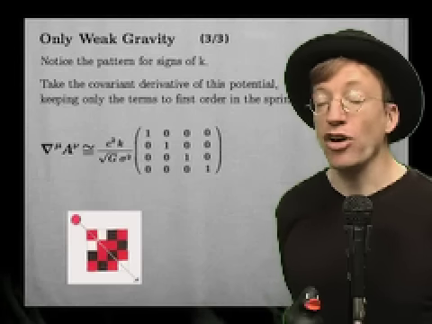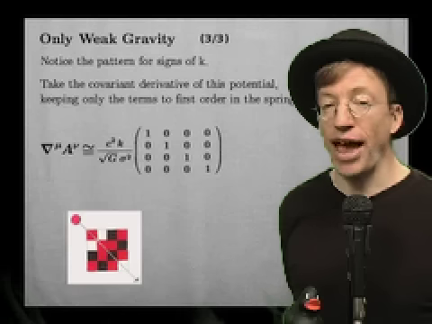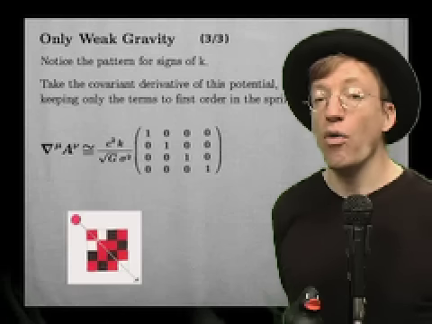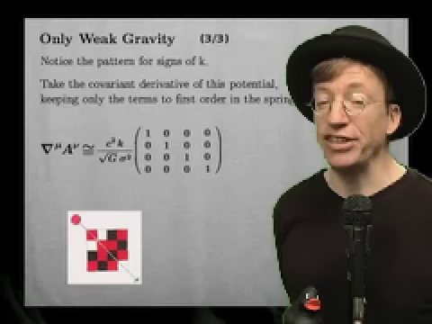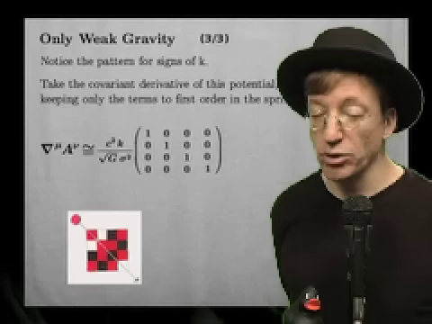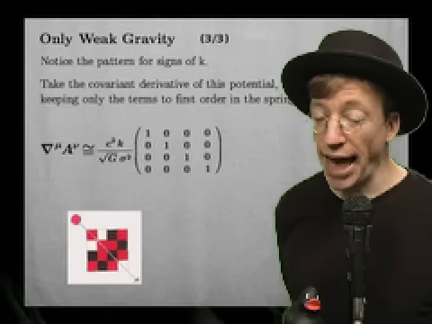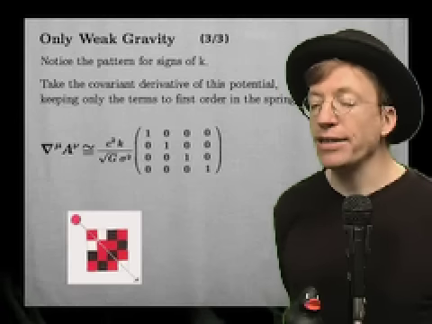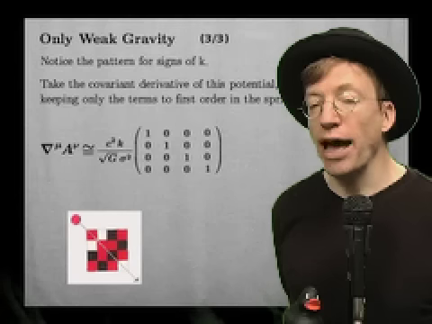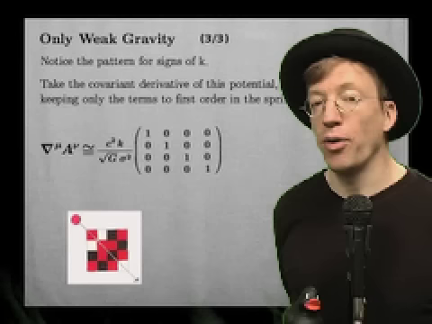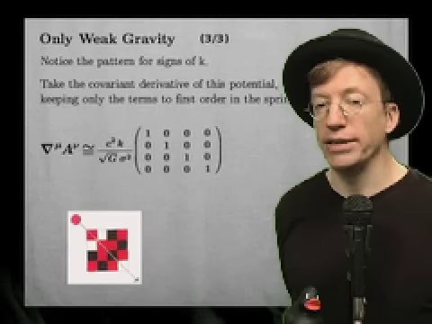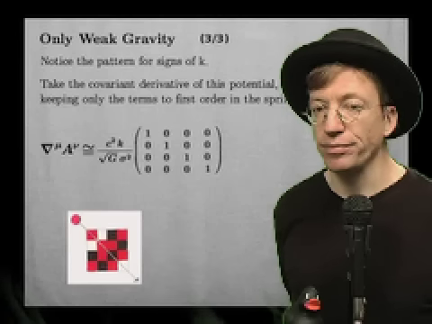As a matter of fact, all you are left with is this factor of K over the distance squared, which has the type of distance dependence we absolutely must have. And it is multiplied by the Minkowski metric. That's that +1 in the corner followed by the -1s on the diagonal.